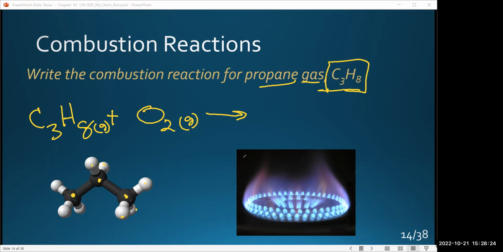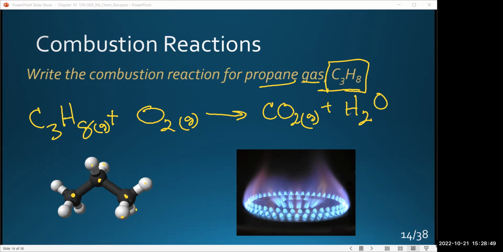CO2, you're correct, Grace. What was the other one? So CO2, and there's one more product, H2O, exactly. So those are the only 2 products that we need to be concerned about when it comes to the combustion of any hydrocarbon in here at Chem 130.